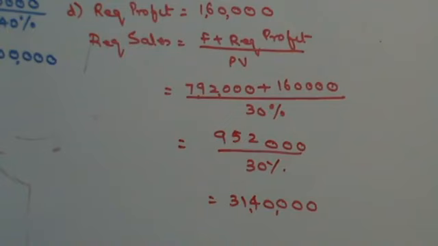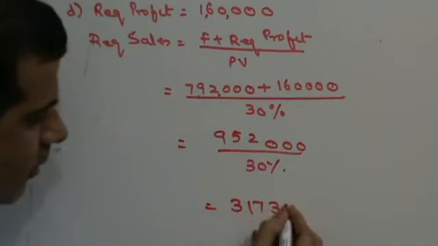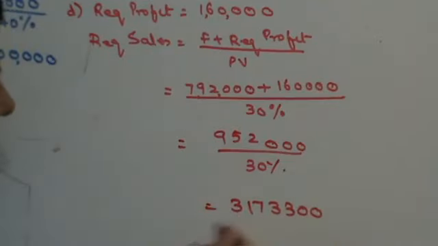Divided by 30%. That is 31,733 and 2 zeros because it's percentage. So this will be 31,73,300. Okay. Next, let's move on to the next sum, guys.